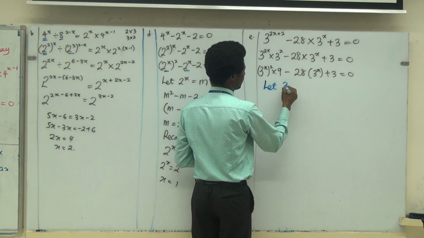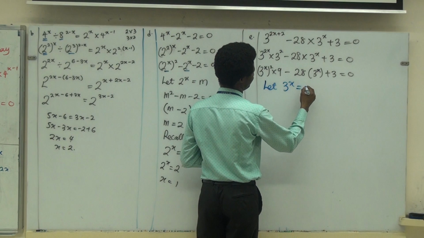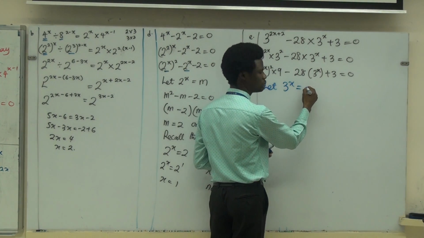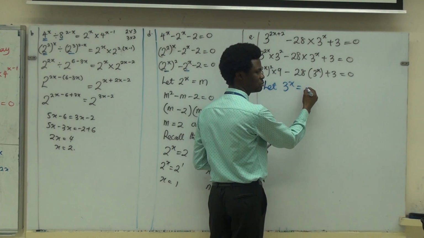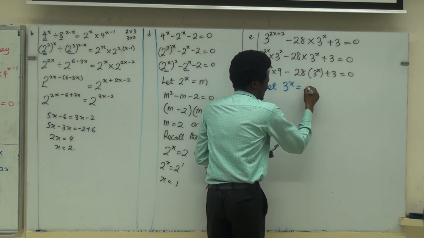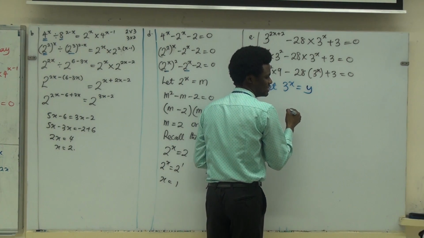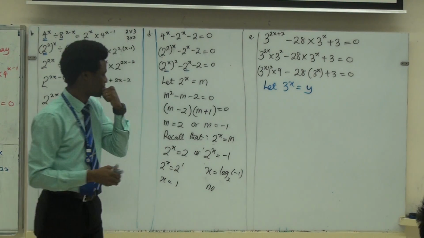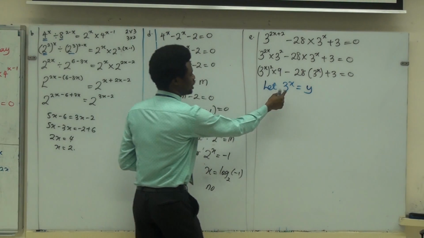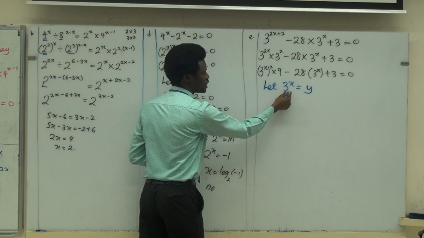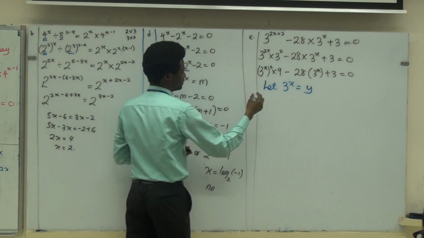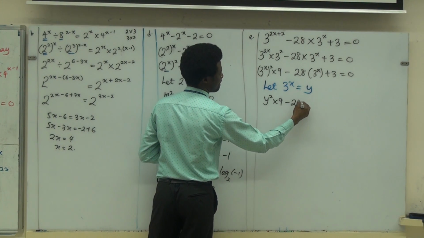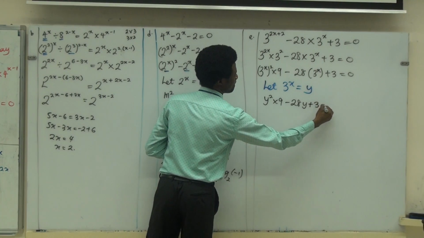So let my 3 to the power x this time be y. If you change this to y, rewrite this for me. Y squared times 9 minus 28 brackets y.